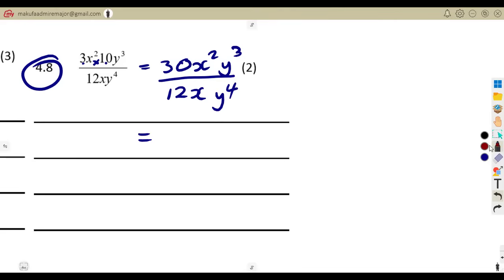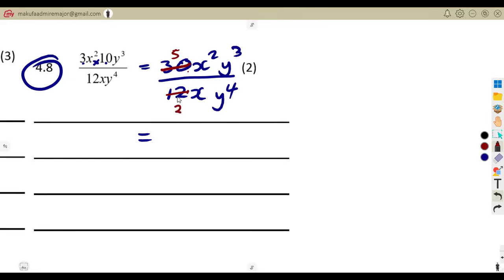So we can reduce these numbers, 30 and 12. The biggest number we can use between 30 and 12 is 6. So we can divide by 6. 30 divided by 6 is 5. 12 divided by 6 is going to give us 2.